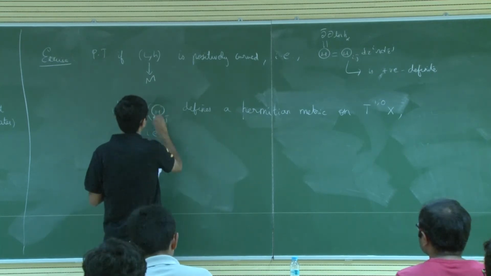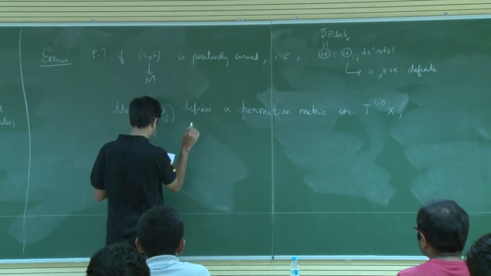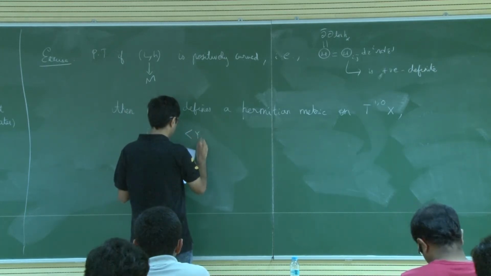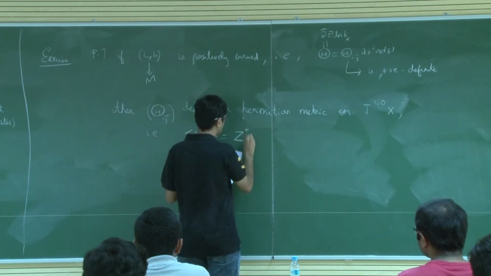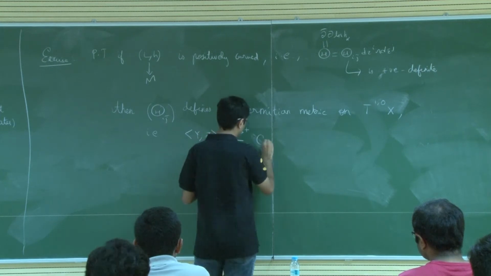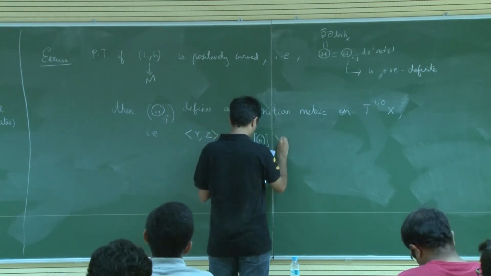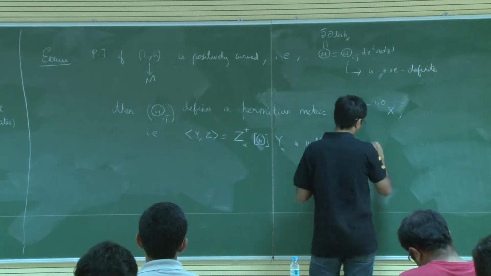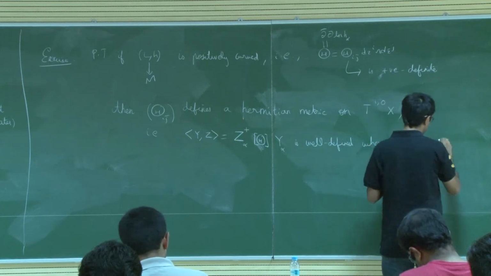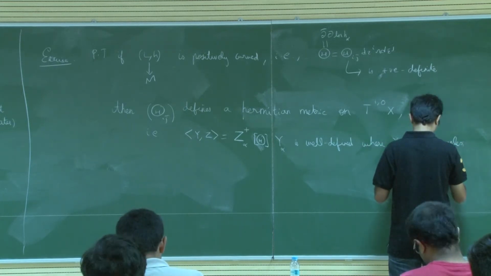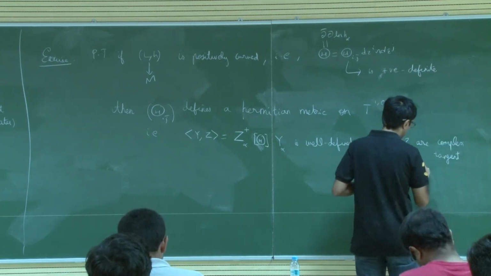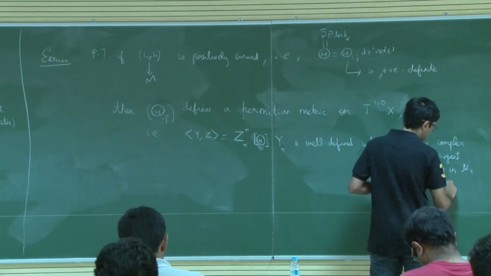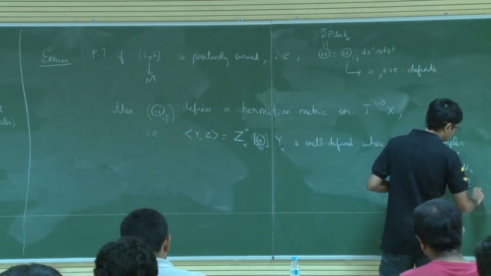I'm choosing a different convention, so I'll write it as: the pairing of y and z is z dagger h theta y, which is well defined, where y and z are complex tangent vectors lying in the span of d/dz1, d/dz2, and so on.